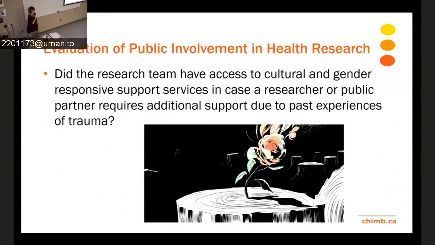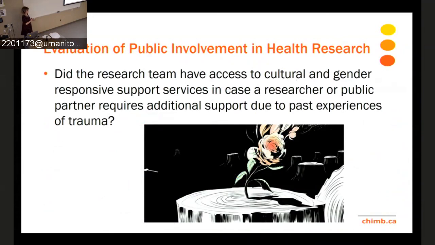So this is a big one that I always like to say to researchers: before you do any engagement, do have a resource on hand with a list of possible places that, say, if a patient partner or a researcher is triggered by any of the events, they can promptly get access to service.